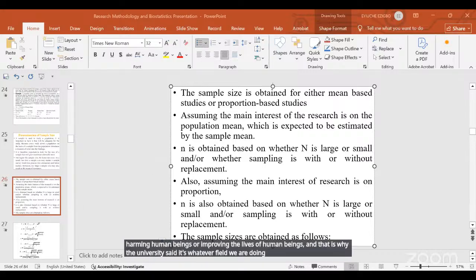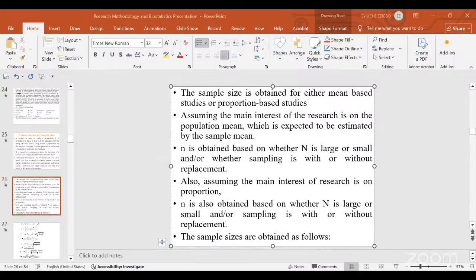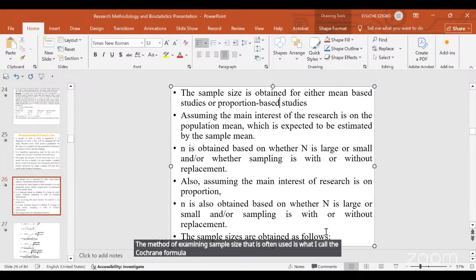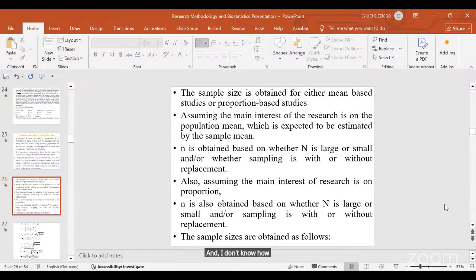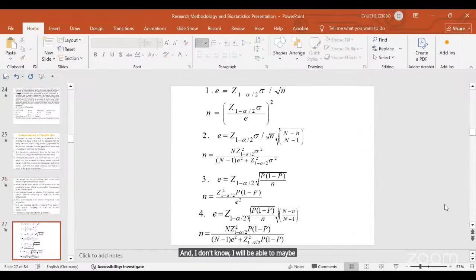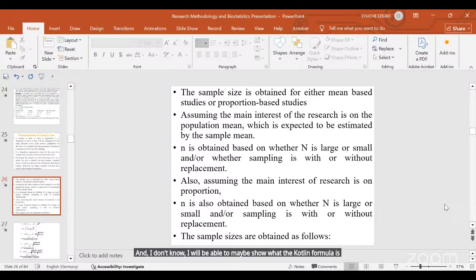The next method of determining sample size that is often used is what is called the Cochrane formula. I won't be able to show what the Cochrane formula is for determining sample size, but let us just note that it's a method.